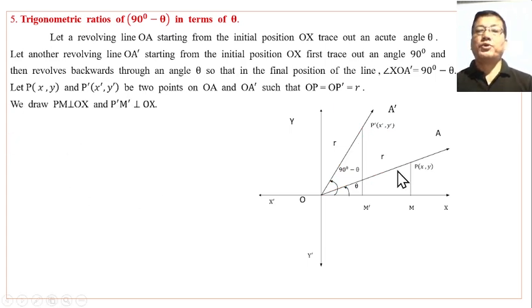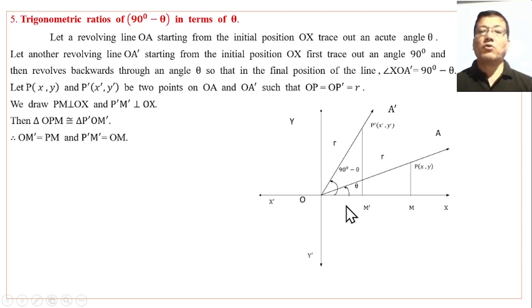We draw PM and P dash M dash perpendicular to OX. Then triangle OPM and triangle P dash OM dash are congruent, so the corresponding parts are equal. Therefore OM dash equals PM and P dash M dash equals OM.